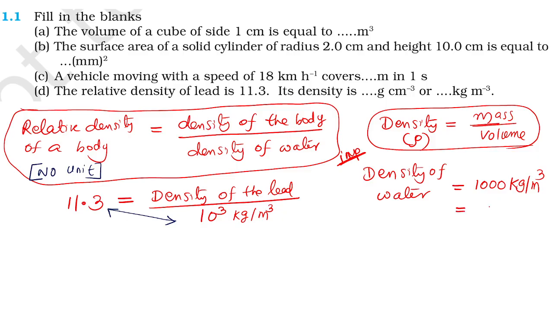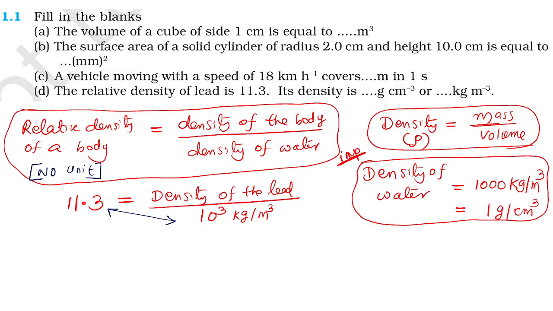Also please memorize this one also: 1 gram per centimeter cube. Both you can easily memorize. These are the basic results you have to memorize. 1000 kilogram per meter cube or 1 gram per centimeter cube. You can convert kilogram per meter cube to gram per centimeter cube, but you better memorize this.